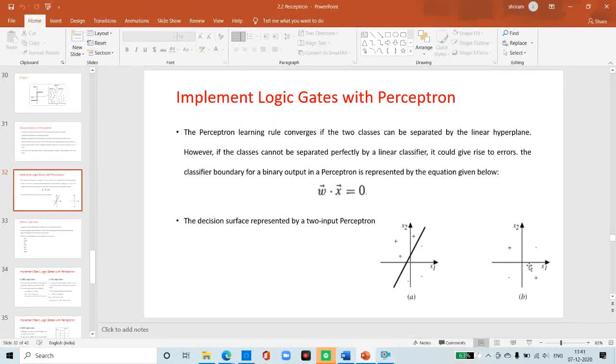In the second diagram, we cannot separate plus plus from minus minus with a straight line, but in the first diagram we can linearly separate the positive values and the negative values. Here x1 and x2 are the two perceptron inputs. Clear? Any doubt?